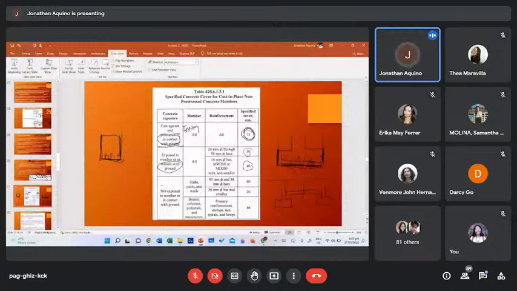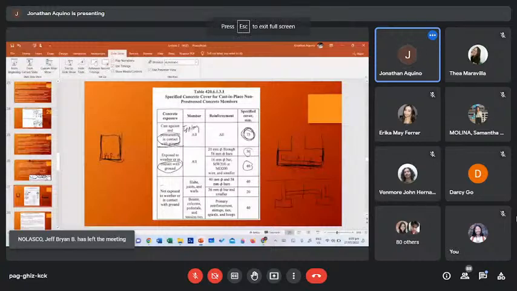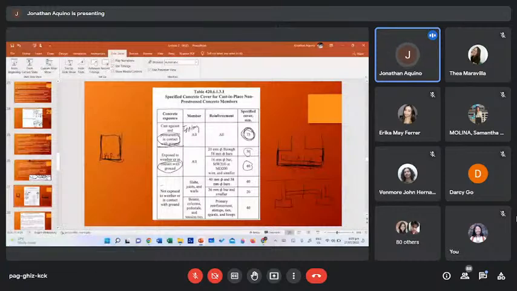So for beams, columns, pedestal, okay? So any diameter of beam and column, the required minimum cover is 40 millimeter. Okay? Ito yung code requirement. Okay? So pakibago nyo lang yung mga old NSCP. So old NSCP kasi nakalagay 50 millimeter, but it should be 25 millimeters.